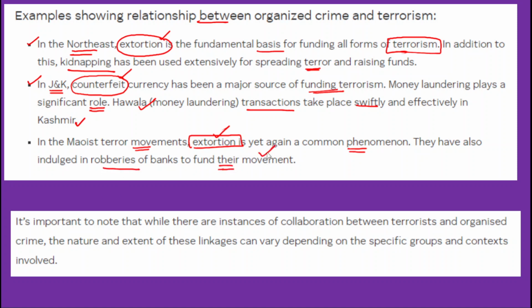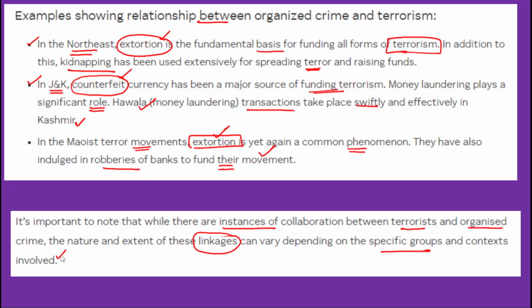movement. So these are the ways through which we can expect linkages between terrorist organizations and other organized crime networks. While writing the conclusion, you can simply stress the fact that while there are several instances of collaboration between terrorist organizations and organized crime network groups, the nature of these linkages can vary depending on the specific group and context involved.